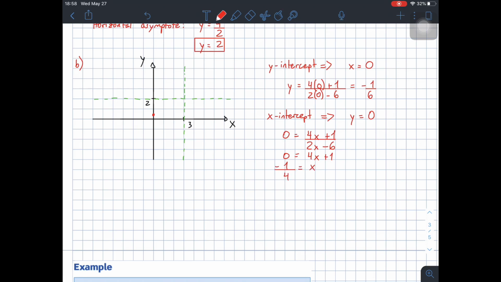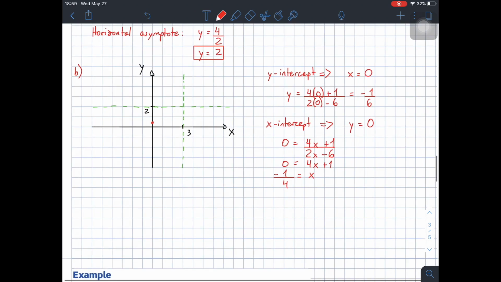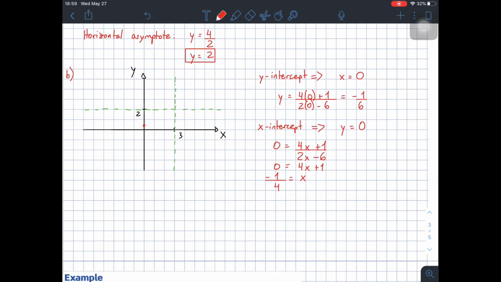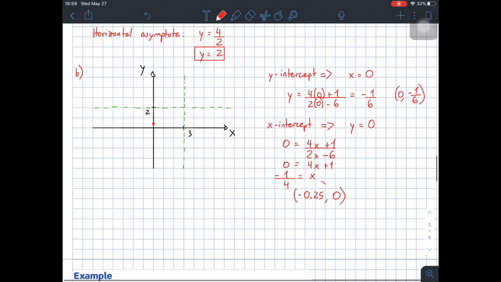And this is the value of x. Negative 1 over 4 is negative 0.25. So the x-intercept is negative 0.25, comma 0. And the y-intercept, I forgot to write here, it's 0, comma negative 1 over 6. Okay, so if we plot the x-intercept, negative 0.25 and 0, that'll be somewhere around here.